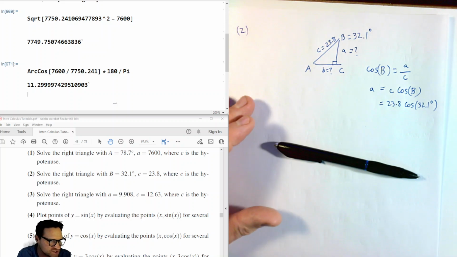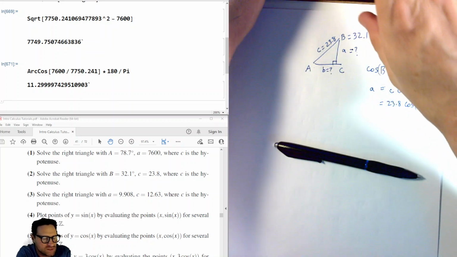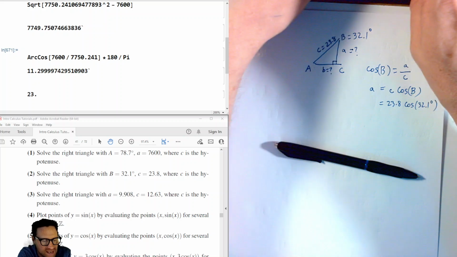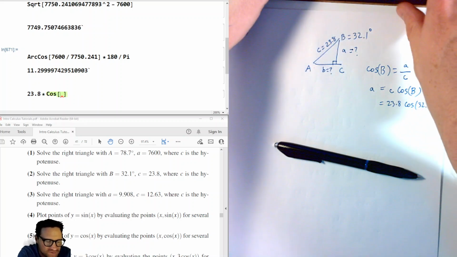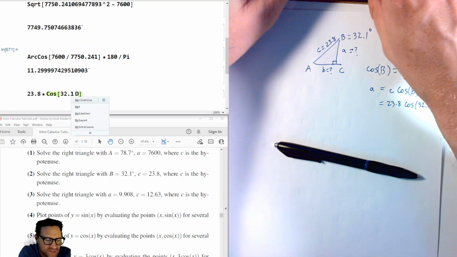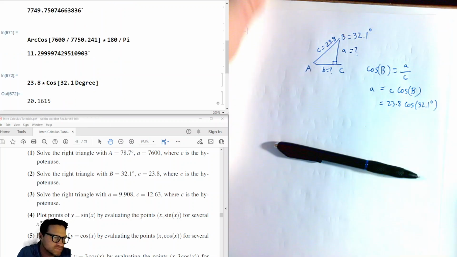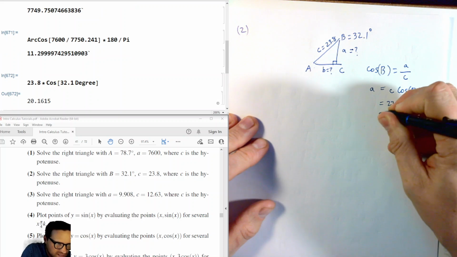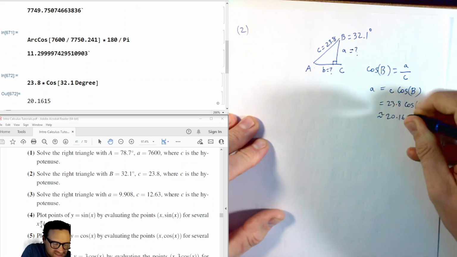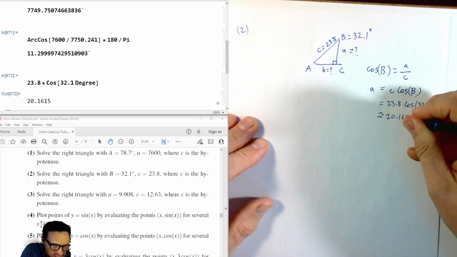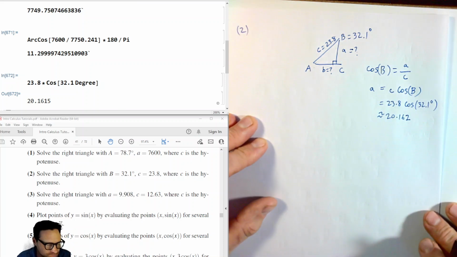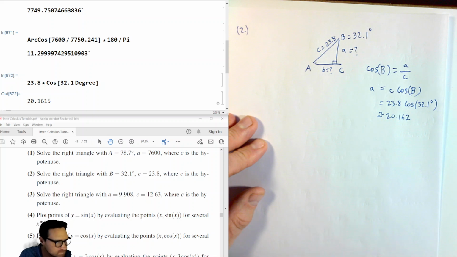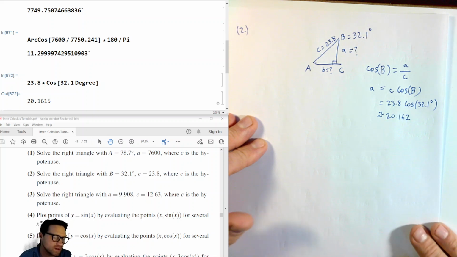Okay, so I'll get on my machine, type in 23.8 multiplied by the cosine of 32.1 degrees, and I get 20.1615, but I'll just round this up to 20.162, putting it in 3 decimal places.